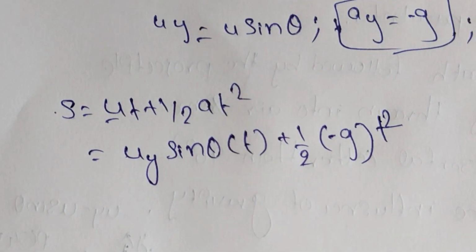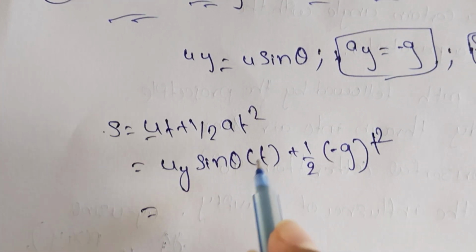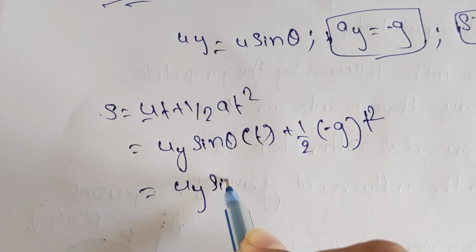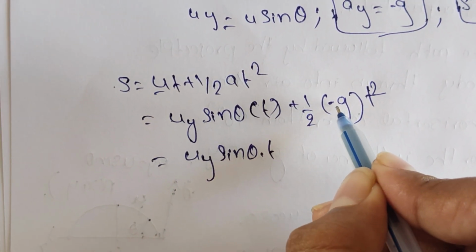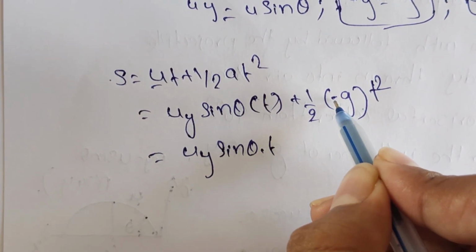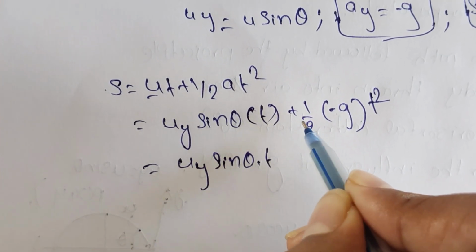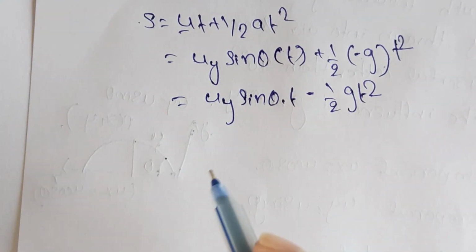Before that, uy sin theta into t, and the minus g we have in this expression. The minus comes from the front of the expression. What we have is minus half g t square.